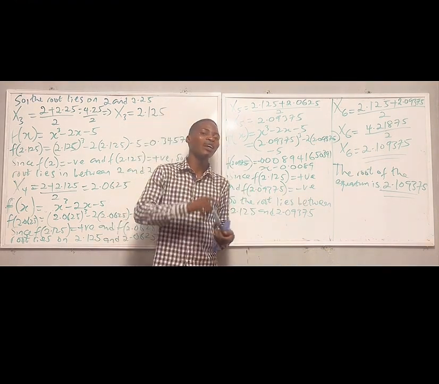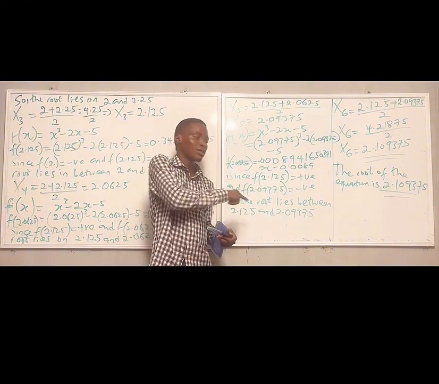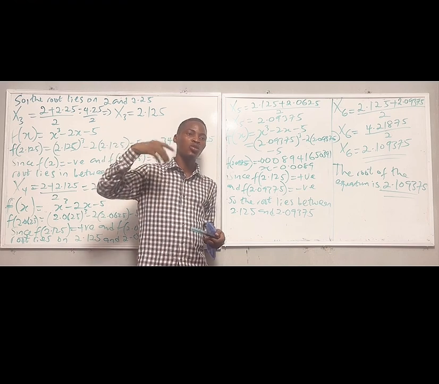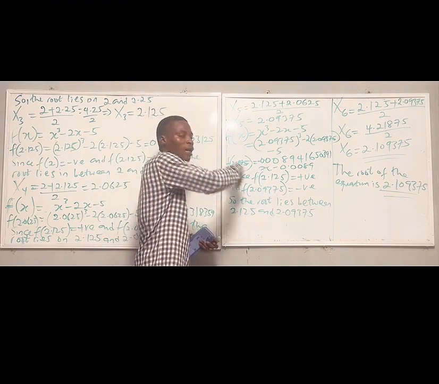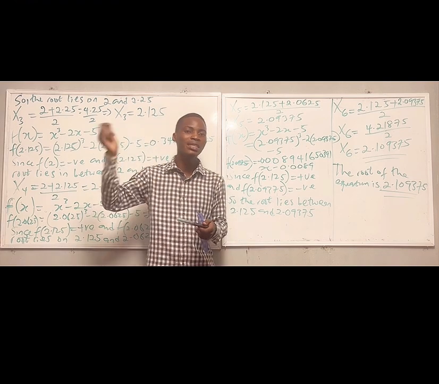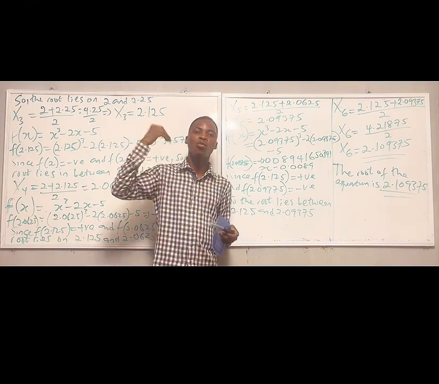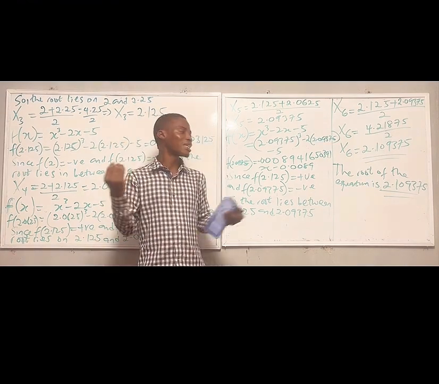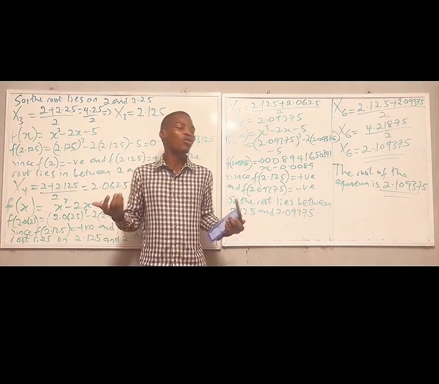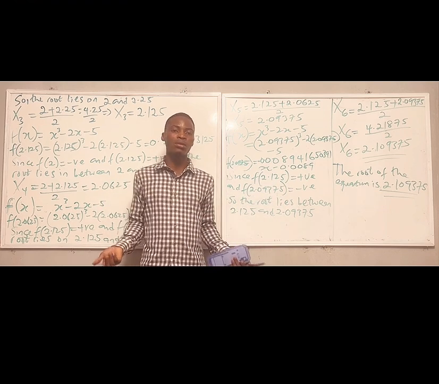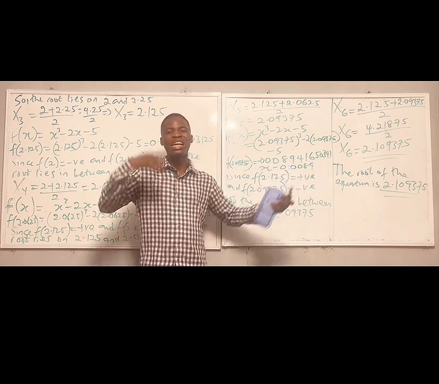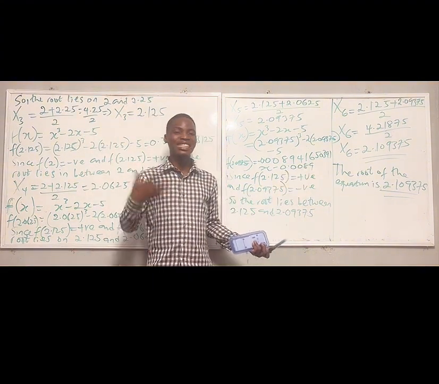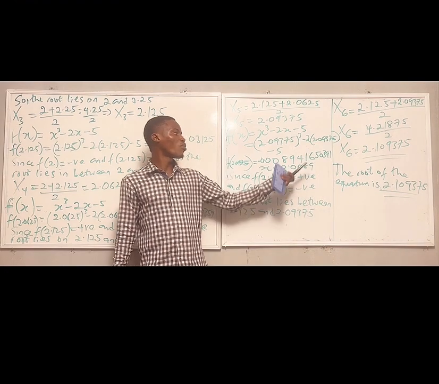But if the question is to find the real root of this using the bisection method, it means you have to keep doing the iteration, substituting, until your answer converges, that is, until you get the exact value, where f is 0. For that you need the 15th approximation. Since we stop at X6, that is the 6th approximation, I will stop here. So the root of my equation is this.